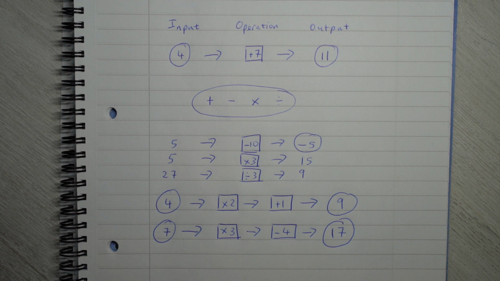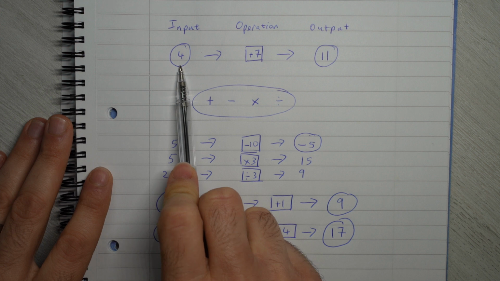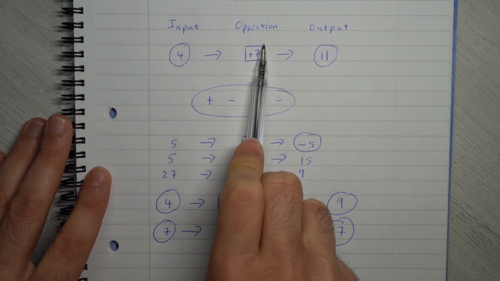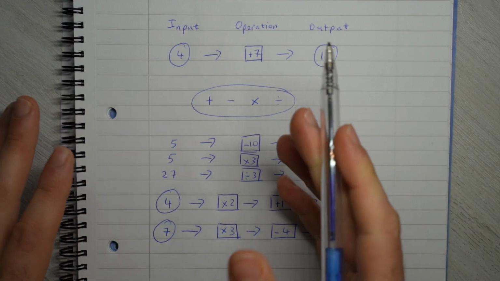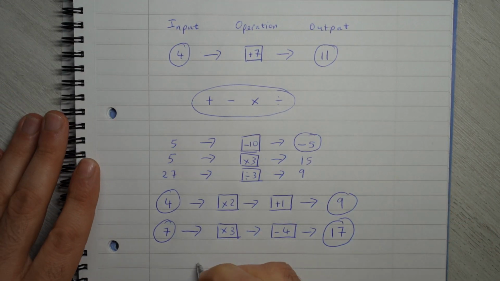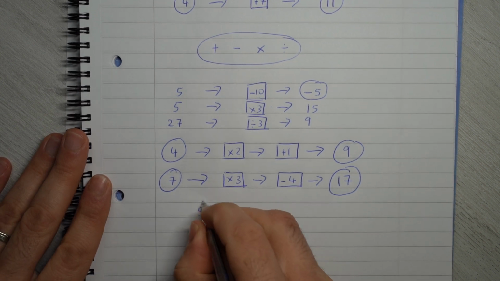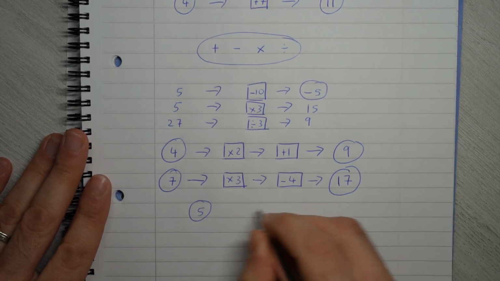This year's syllabus is that we are given both the input and the output, and we need to find the operation. So we're going to have something like this. For example, we're going to be given the input, let's say 5.